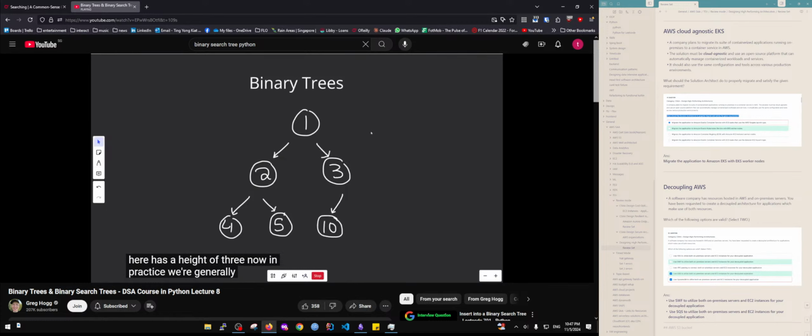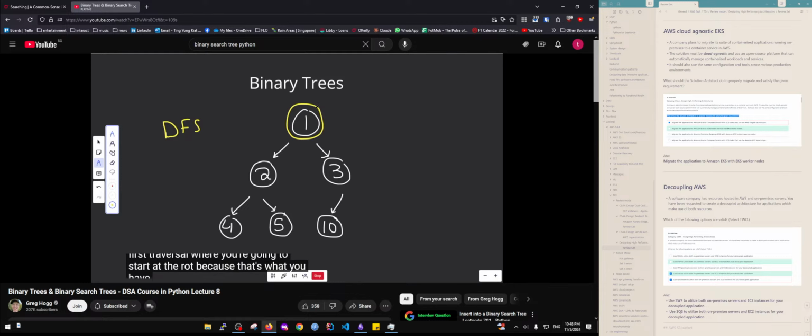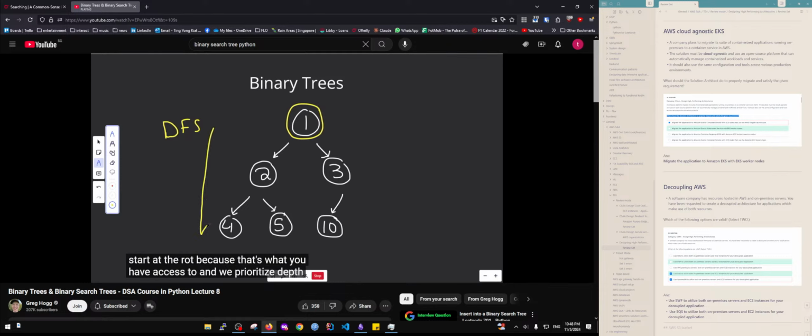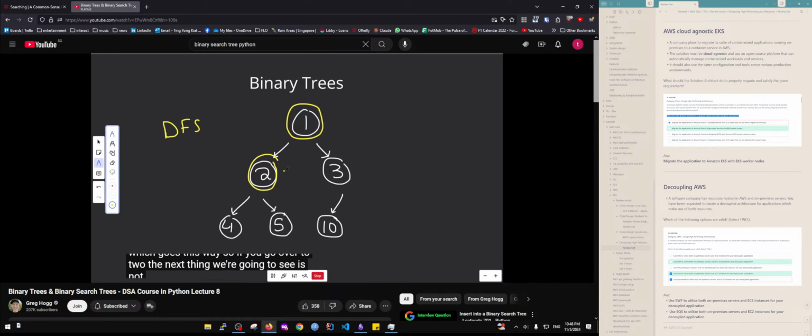Now in practice, we're generally concerned with some sort of traversal on the tree. So for example, you could do what's called a depth first search, or basically a depth first traversal, where you're going to start at the root because that's what you have access to. And we prioritize depth, which goes this way. So if you go over to 2, the next thing we're going to see is not 3. In a depth first search, we're prioritizing depth. So we're going to keep going down all the way.